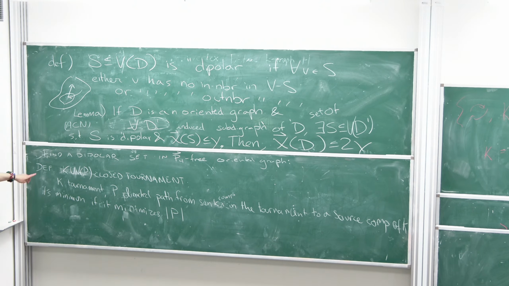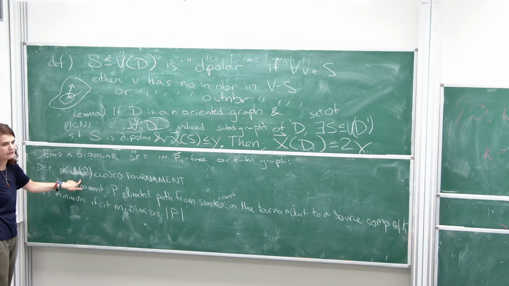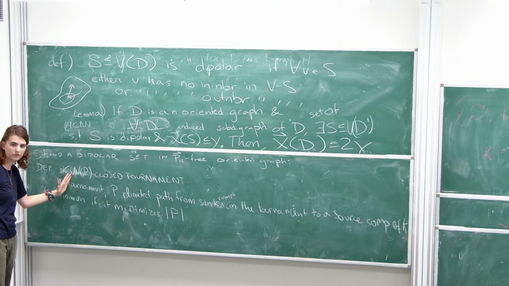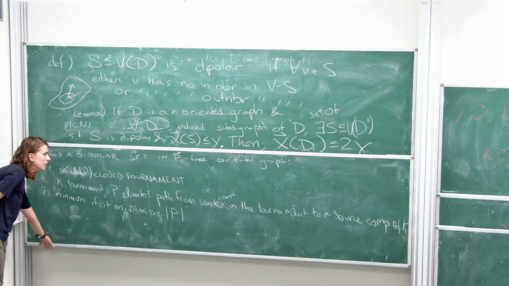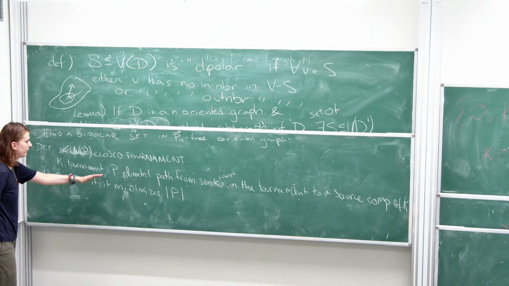So I'm always going to denote closed tournaments as K union P, where K will be understood to be a tournament, and P will be this path.